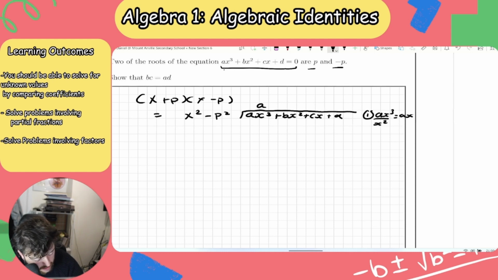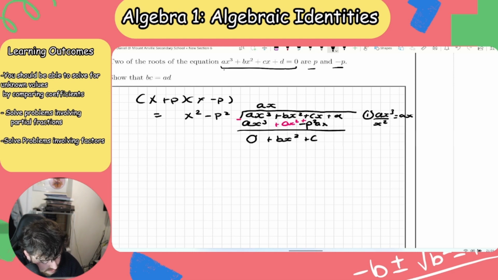So put ax on top. ax times x is ax cubed. ax times minus p squared is going to be minus p squared ax. So minus, plus, I have nothing here for the x squareds. So that's going to be 0 plus bx squared plus cx minus p squared ax.